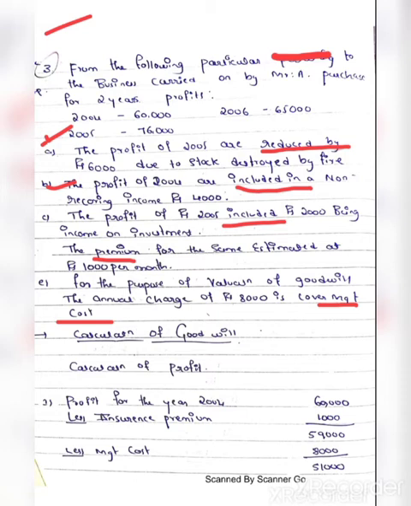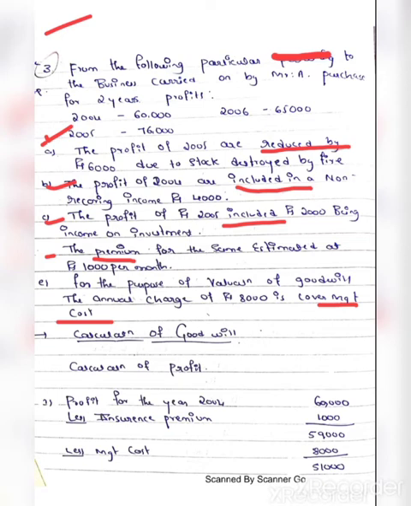Okay, next third point: the profit of 2005 included rupees 2,000, here also same, included, so by the rule it is excluded, means it is a minus, less of rupees 2,000, being income on investment. And the next sentence is also related to the third point.